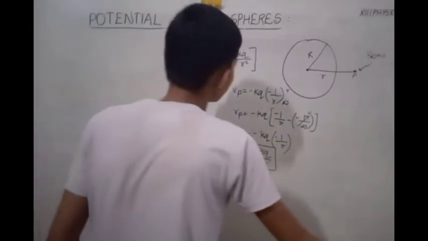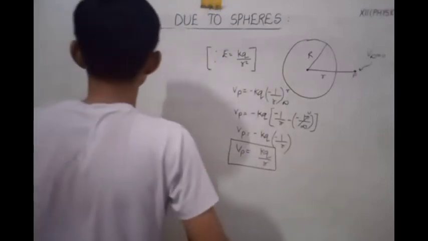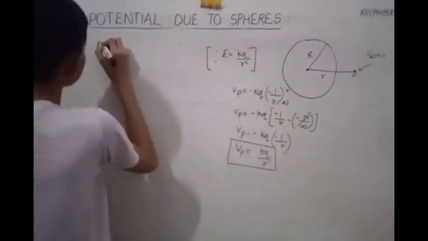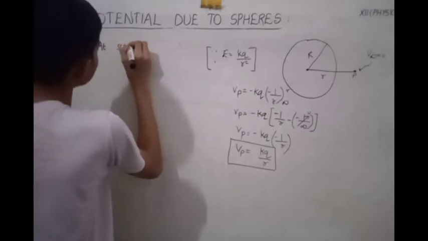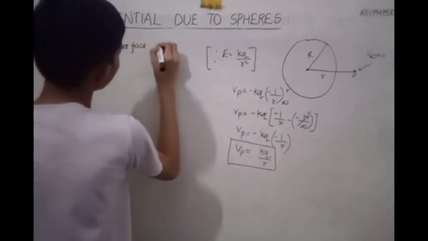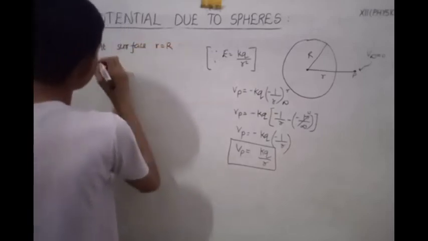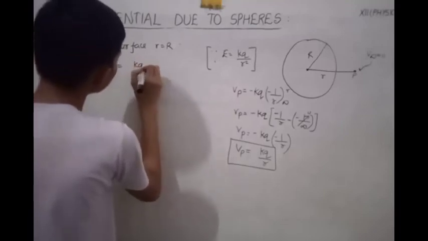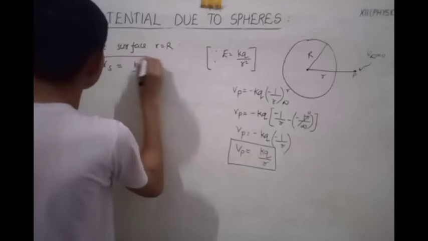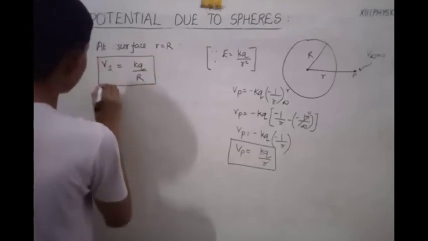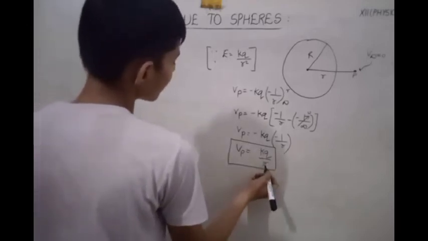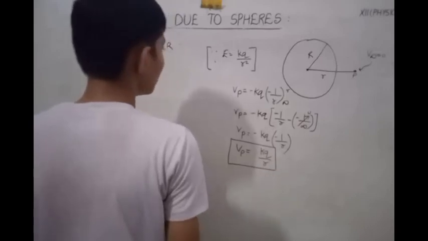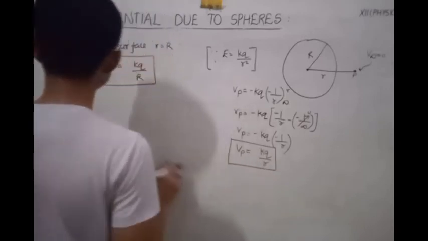Suppose we have to find the potential at the surface. We know that at the surface small r becomes capital R. So potential at surface equals kq divided by capital R. We simply put capital R in place of small r for finding the potential at the surface.